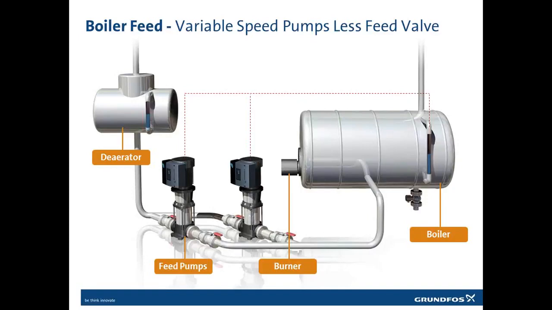Yes, when we set up the frequency converter for running this type of installation, we set it to a minimum speed, ensuring that when the pump is running, we are always pumping water into the boiler. And pumping water into the boiler means that we are cooling down the shaft seal. Then, when we reach the maximum level in the boiler, the pumps will stop.